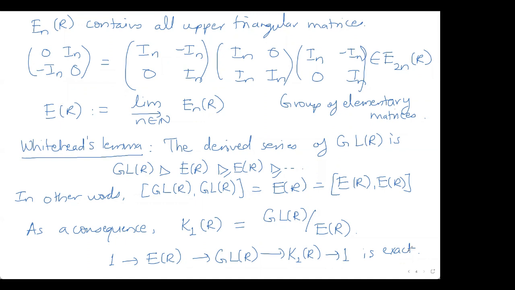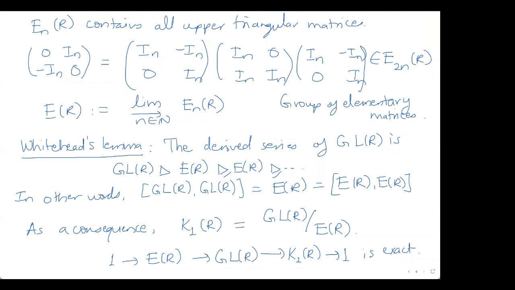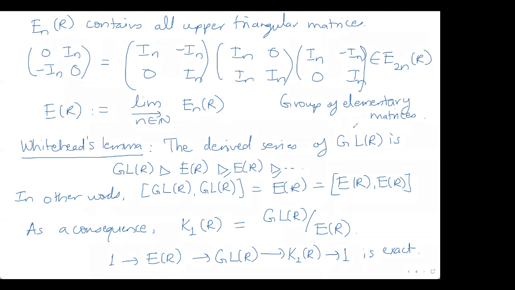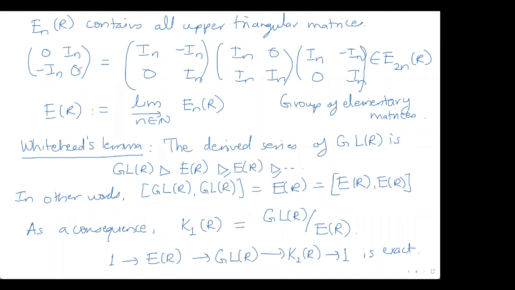Sir, by elementary matrix, you mean that the ith row is the ith row plus lambda times the jth row? Yes, that's the only elementary operation. So you are not allowing the other two elementary operations? The swap we are allowing with a sign change. This row specifies that. In particular, if you choose n equal to 1, then this is 0, 1, minus 1, 0, so it is swapped with a minus sign.